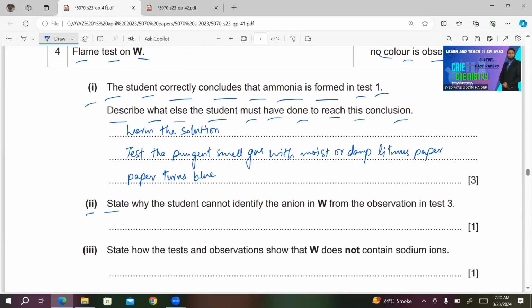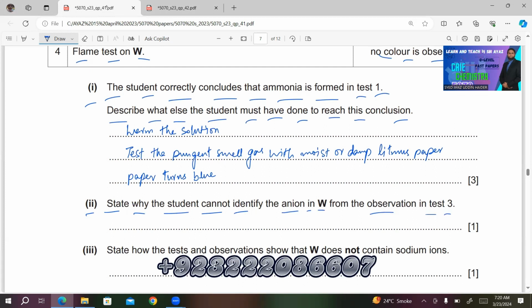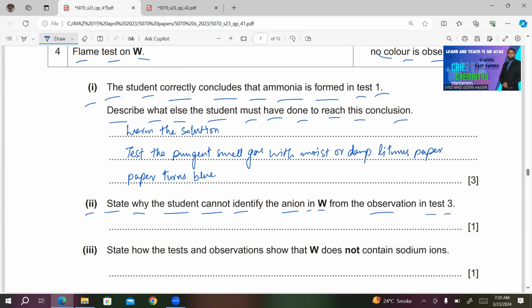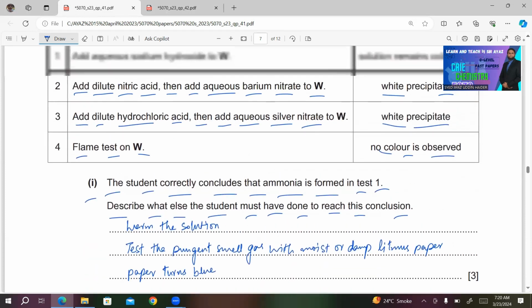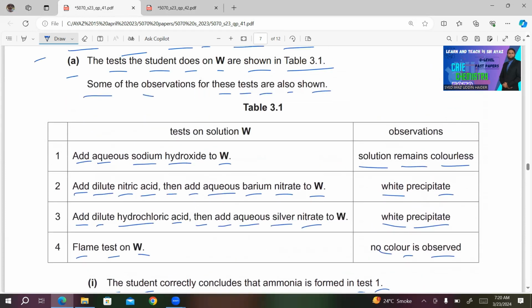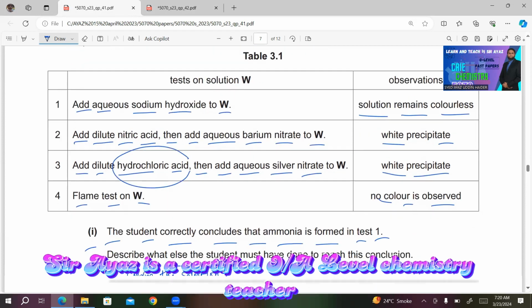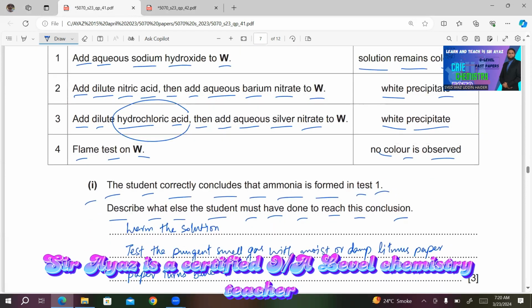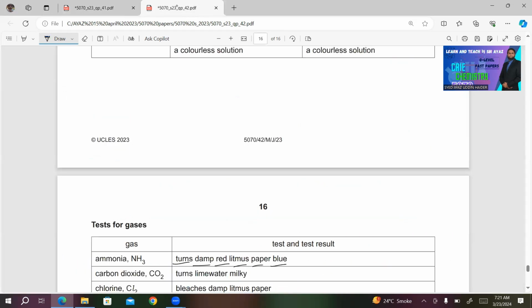Number 2, state why the student cannot identify the anion in W from the observation in test 3. So look at the statement. The student has added hydrochloric acid and we are getting white precipitate with silver nitrate.